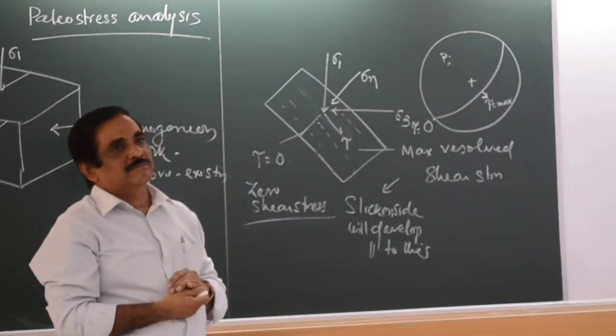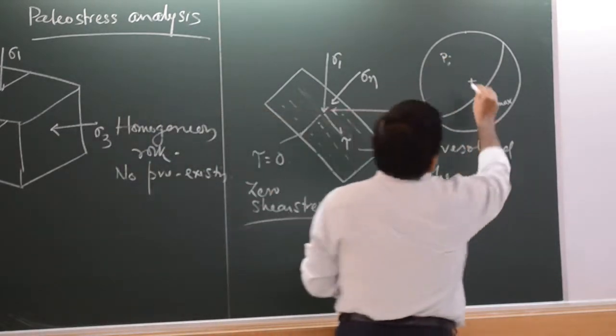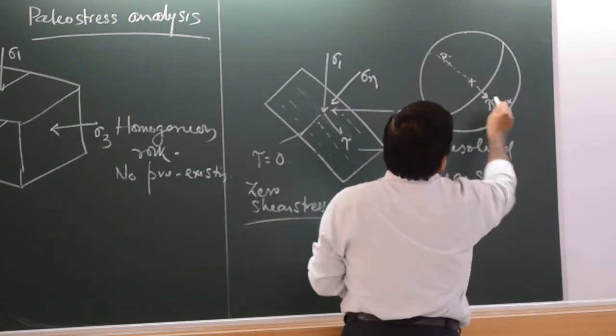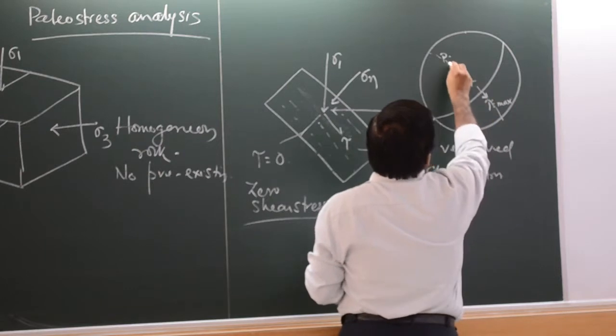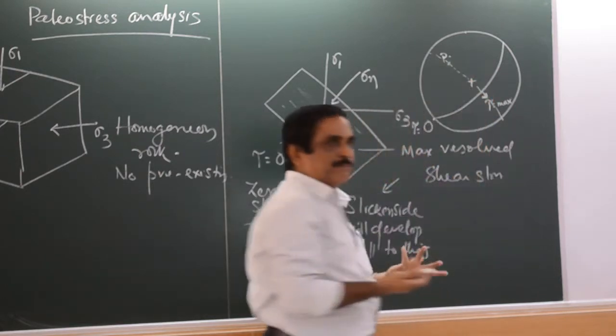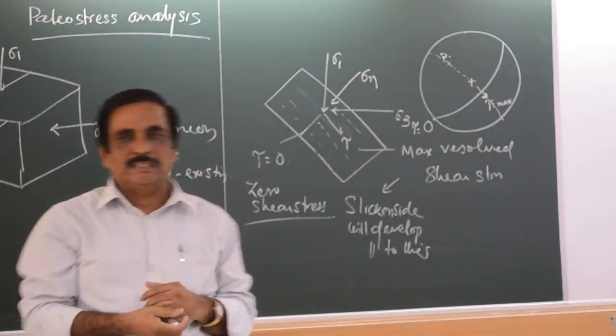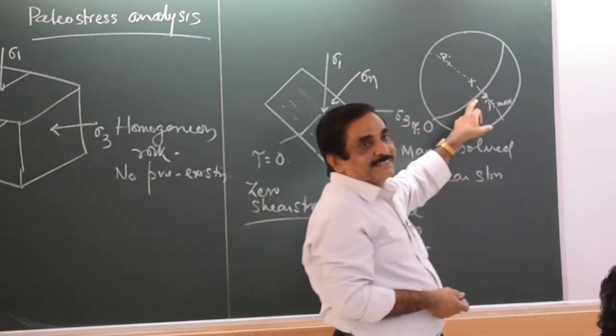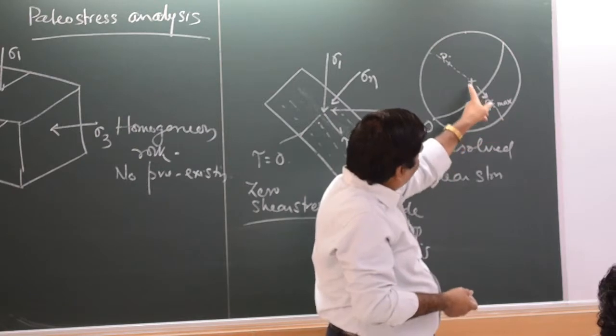Then you draw a movement plane, something like this, passing through this point and this point. It may pass through the center, it may not. It depends on the orientation. If it is directly down dip, it will pass through the center.